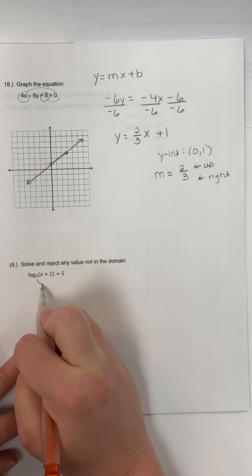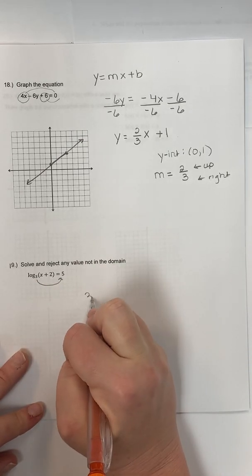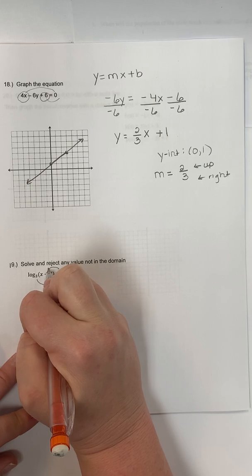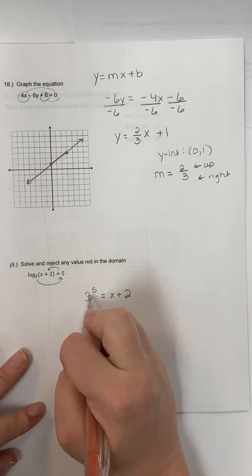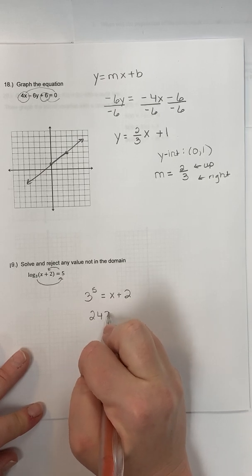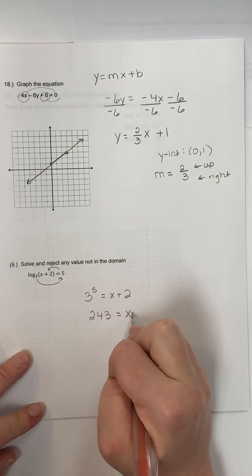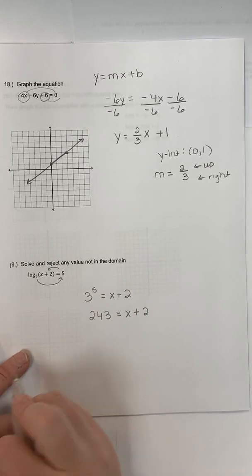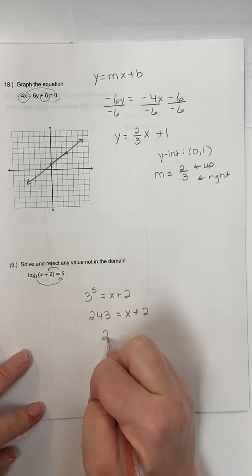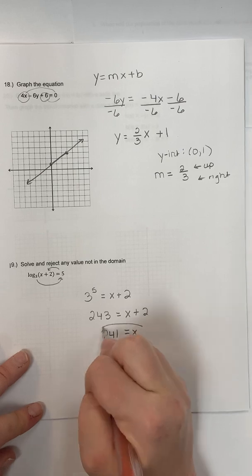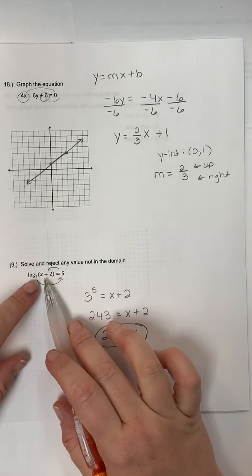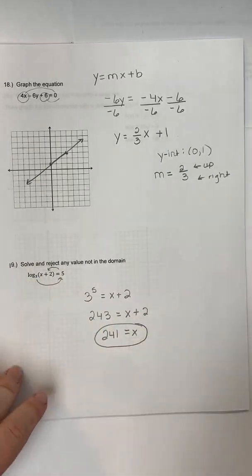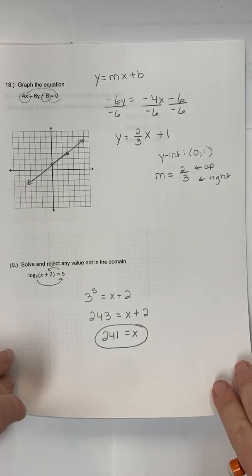I'm going to take my base, raise it to the other side, equals my argument, x plus 2. 3 to the 5th happens to be 243 equals x plus 2. Subtract 2 from both sides, and x is 241. Now I went ahead and circled it. I probably should have waited and put it in here and checked it, but I knew if I added 2, it's certainly not going to make it negative, so I'm good.